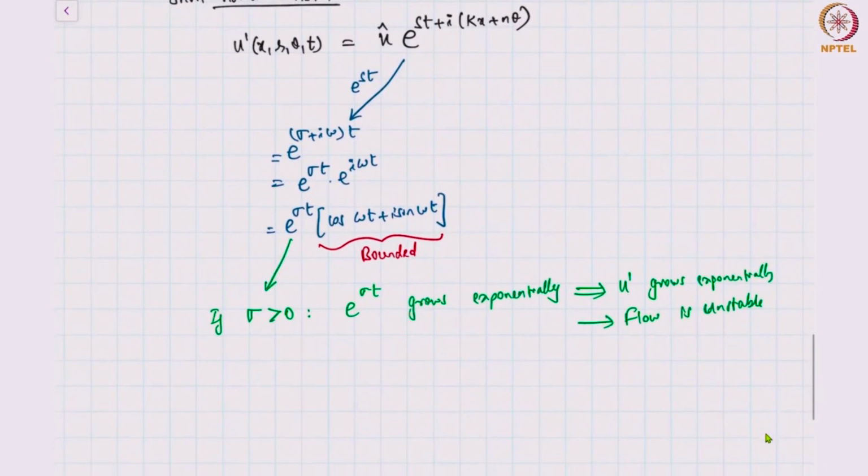I can write down other conditions. If sigma is less than 0, then e power sigma t decays exponentially, which implies u prime decays exponentially.